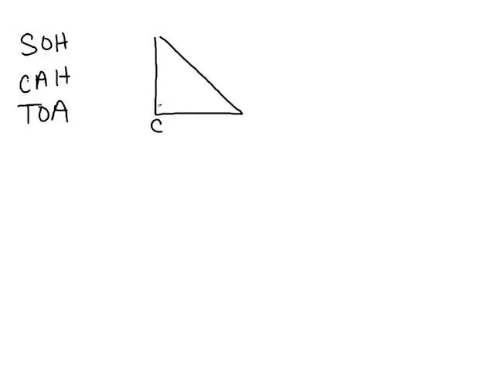Here's our first triangle. Let's say I am given a side length for A as 5 centimeters. And I am given a side for my hypotenuse as 7 centimeters.